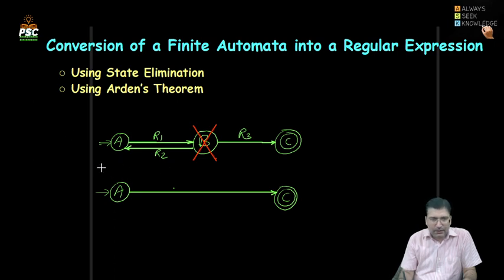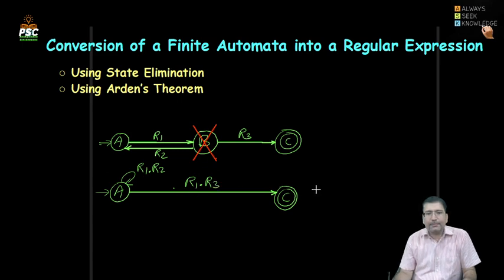We can put a loop of R1 concatenated with R2 in sequence. But from A to C, there's a path R1 concatenated with R3. So there we have to write R1 concatenated with the regular expression R3, right? I hope it is clear.